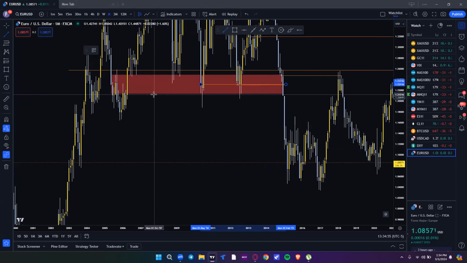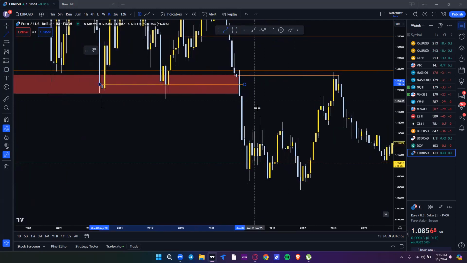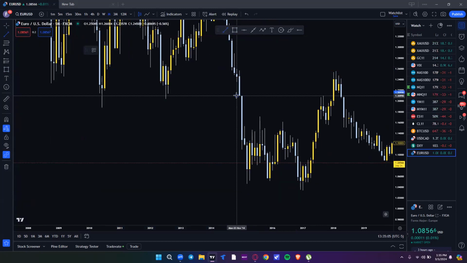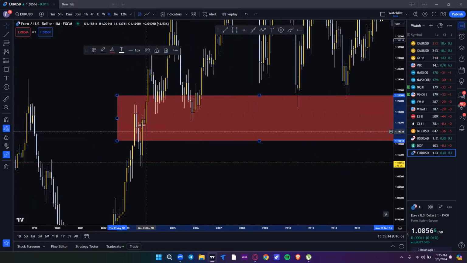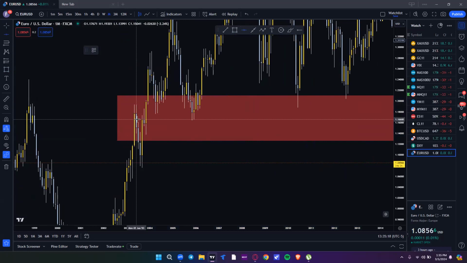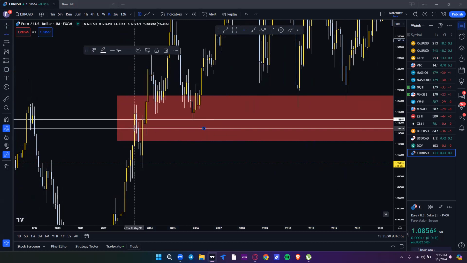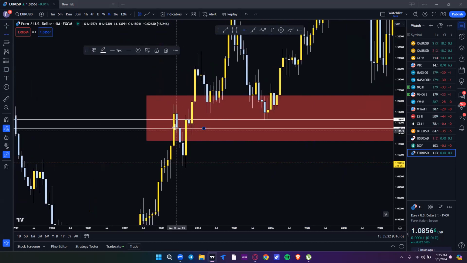If I were to follow price action, this is a decision level here. We have this open here. I'm going to measure out what it does to your left. What we see here is that it closed below this decision level, and we have closure below this level here, right?